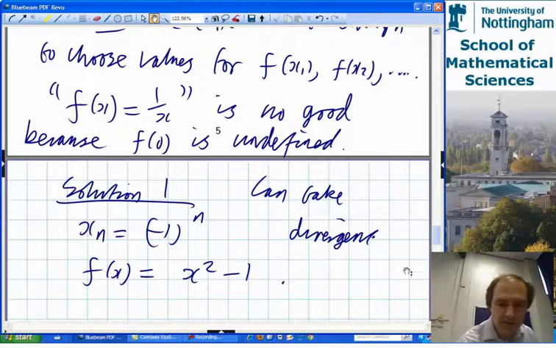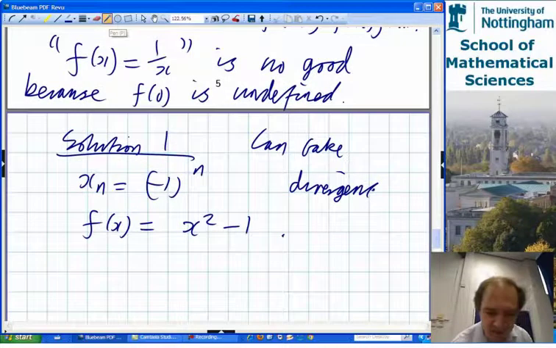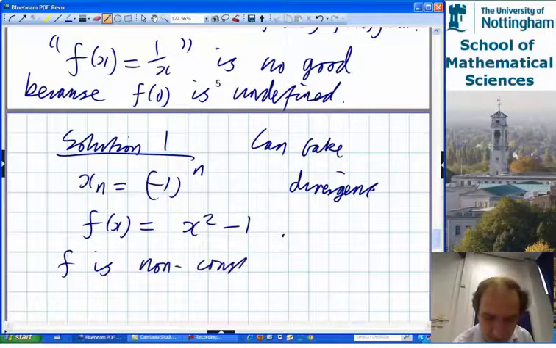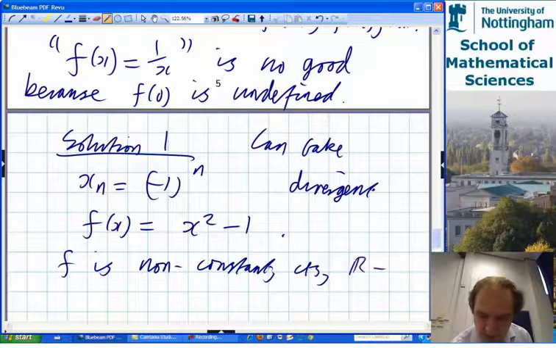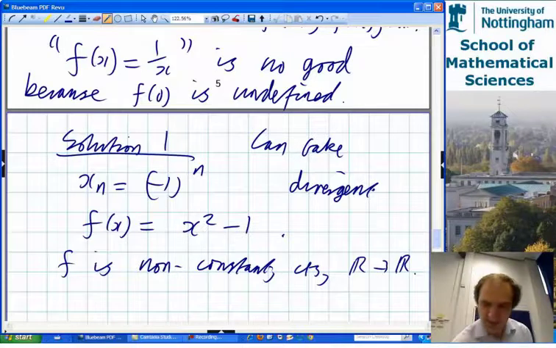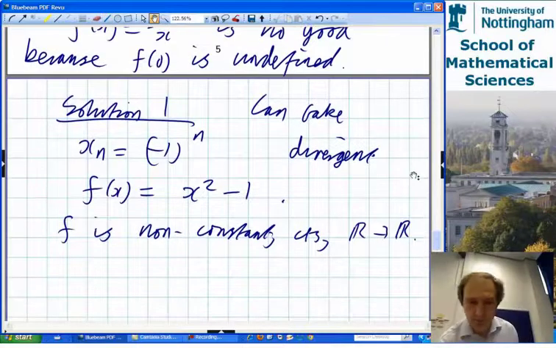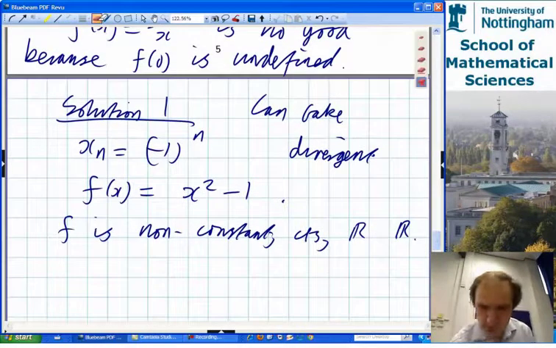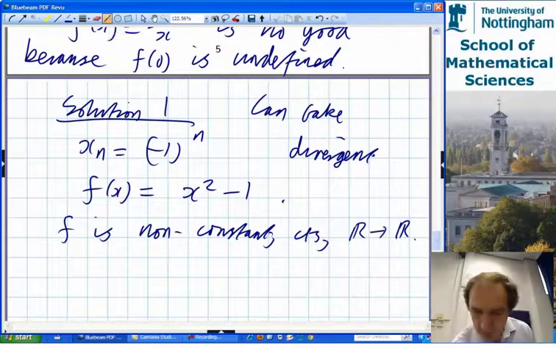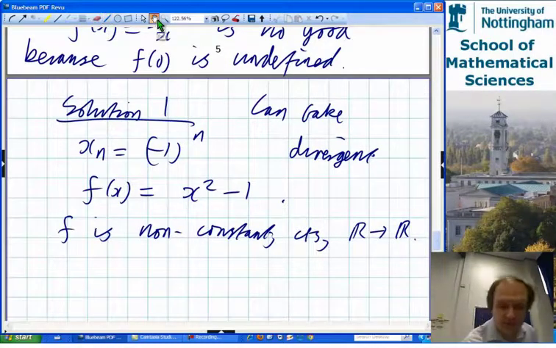Then this is non-constant, continuous R to R. And f of xn is 0 for all n.